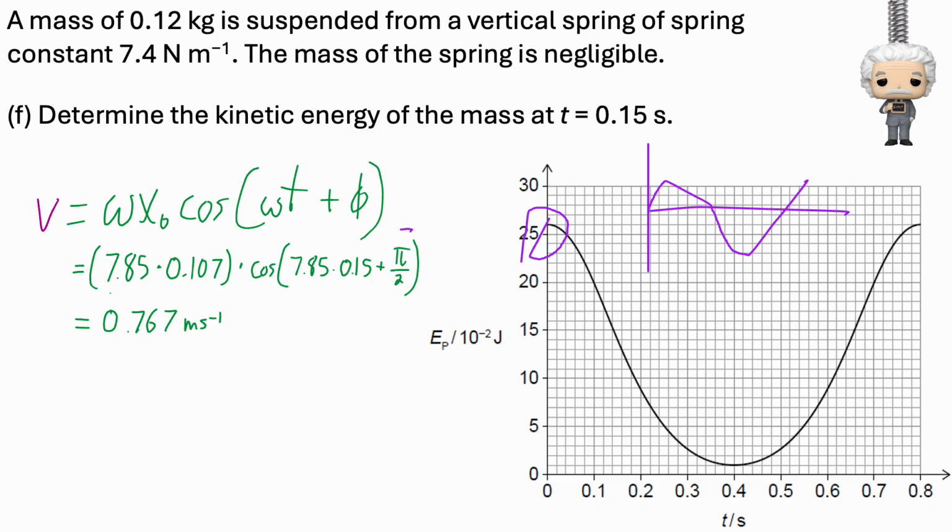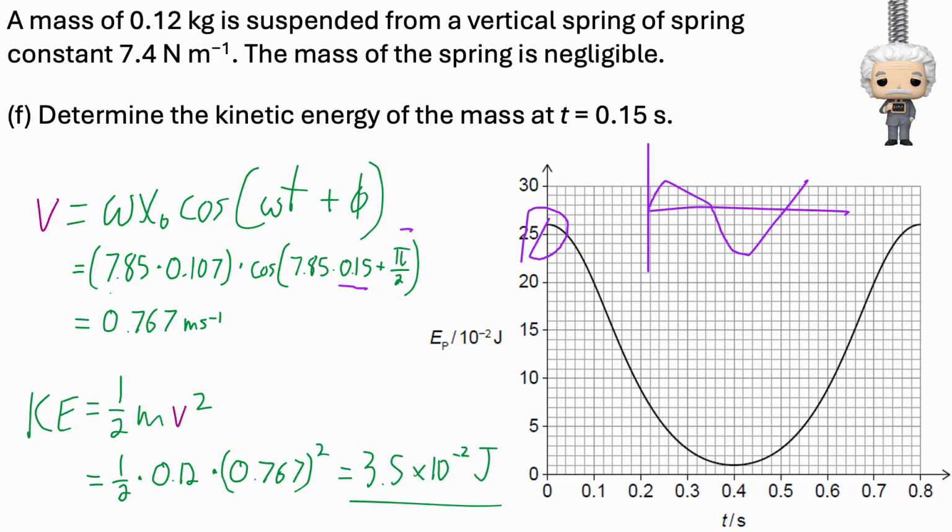So it's not starting at 0, Einstein's starting at maximum amplitude. That gives him a velocity at 0.015 seconds of 0.767 meters per second. Now putting that into the kinetic energy equation with the given mass gives us a kinetic energy of 3.5 times 10 to the minus 2 joules. There we go.